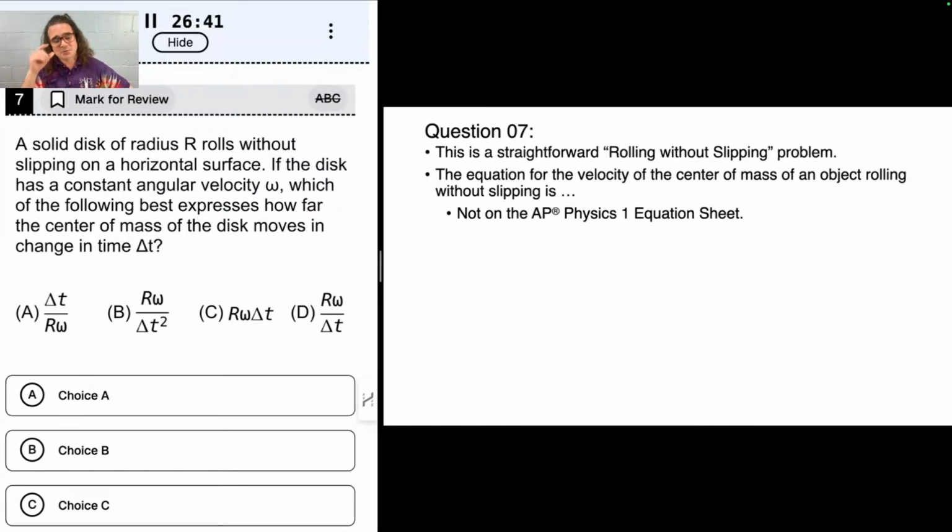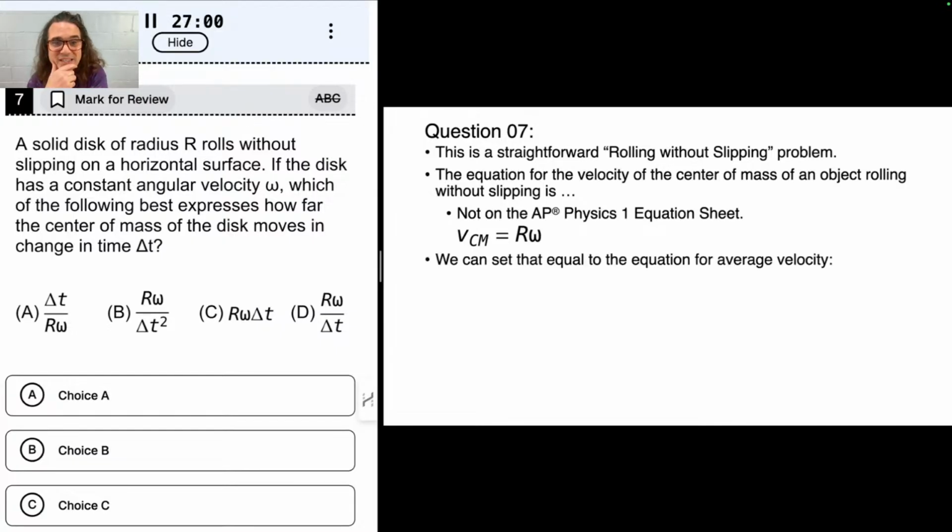In my Ultimate Exam Slayer, I do have a video where I go through and talk about the specific equations I would suggest that you memorize for the AP Physics 1 exam because they're not on the AP equation sheet. The equation is the velocity of the center of mass of the object equals the radius of the object times the angular velocity of the object. So we can set that equal to the equation for average velocity.